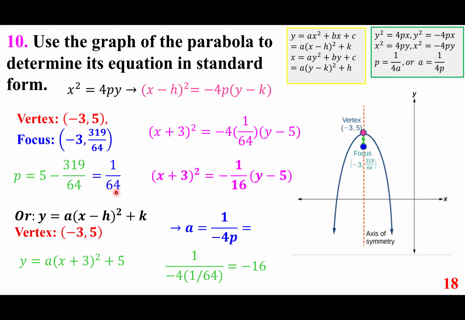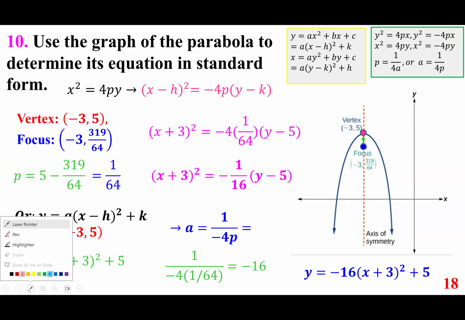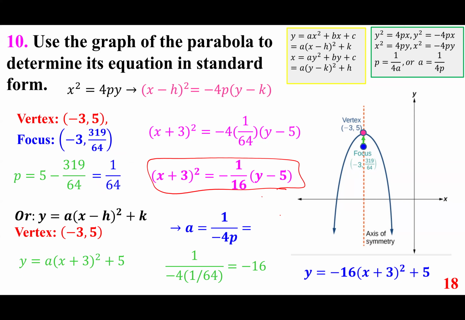So minus 16, replace the a, and that's what you have now. Notice from here, everybody, to go here, if you take this to the other side, that means multiply both sides by negative 16. And then move the negative 5, that means add 5. So I hope you see they are the same. So it is your choice. If it's easier for you to go this route, just work this way and then put it in this format if they are asking. Either way makes no difference.